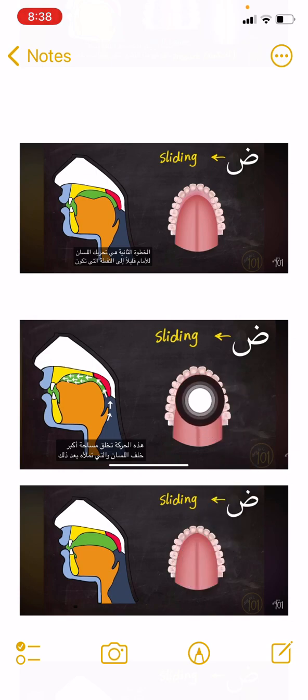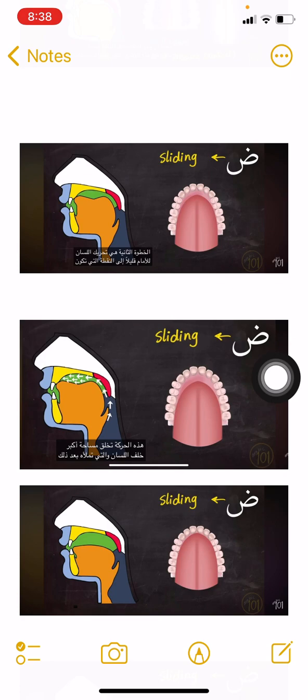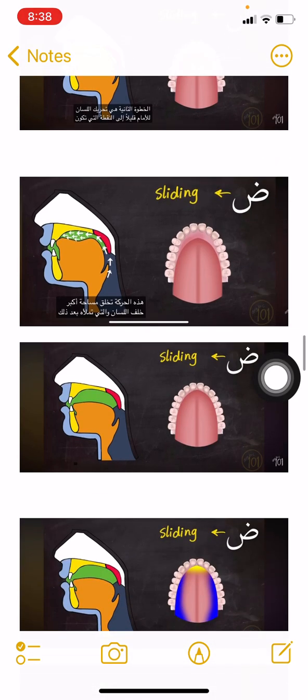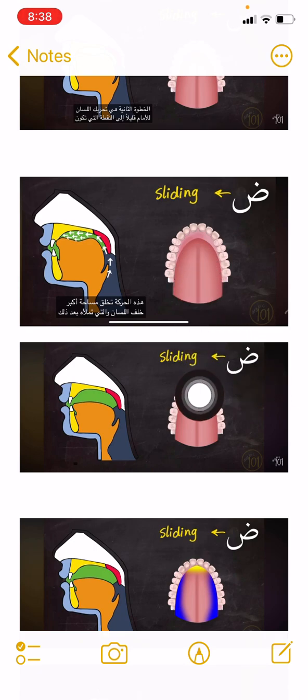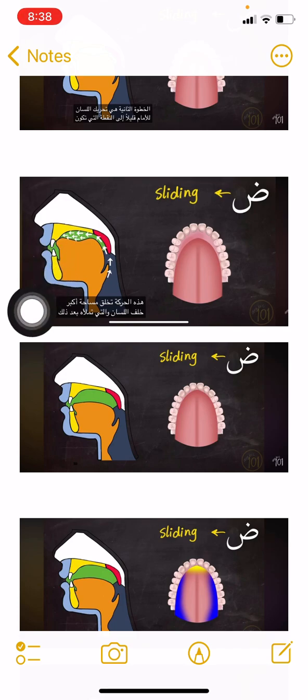So this small area is the area in which the tongue has been elongated, and this is the meaning of elongation. Look here, the air is trapped here and pushes the tip of the tongue towards the gum line of the upper incisors.